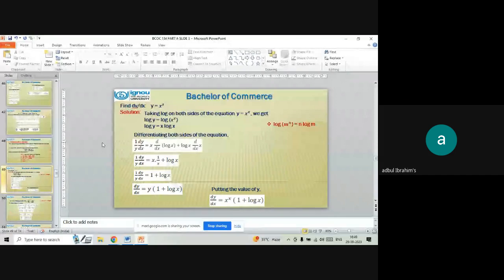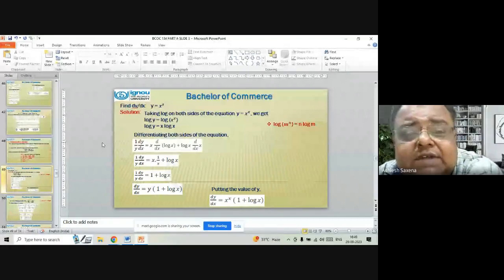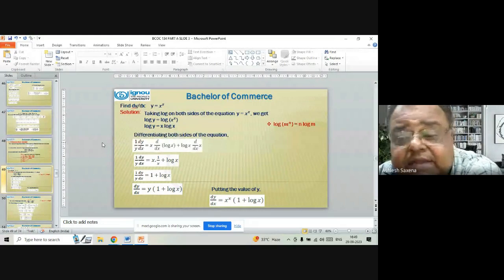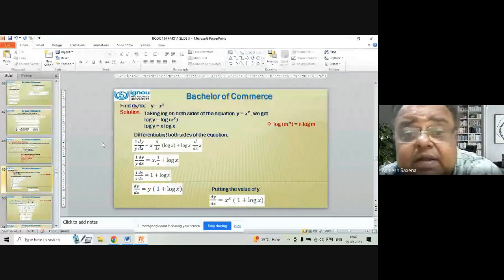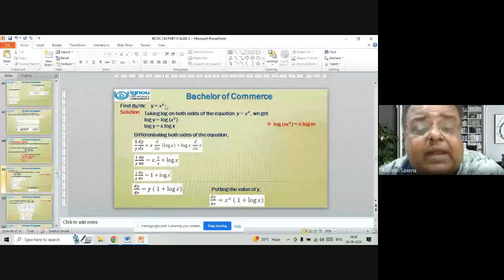I was telling how to differentiate a function when it is in the form of y is equal to x raised to the power x. Here, the power is not a number, so in that case we have to apply log.